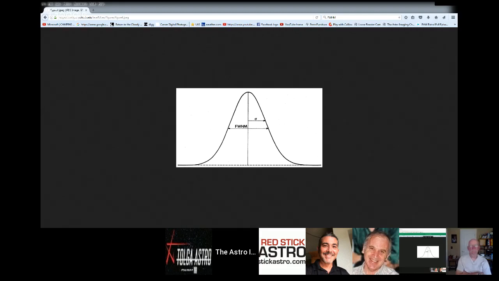The half flux radius is different. It measures just the radius. So this sigma value here is probably a little closer to what half flux radius would represent. It may be a little higher up because most of the flux is actually centered in the very center peak of the star. This normal distribution is not like a typical star.